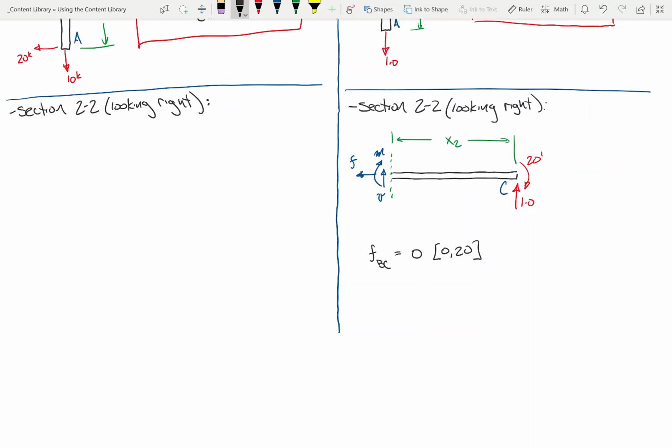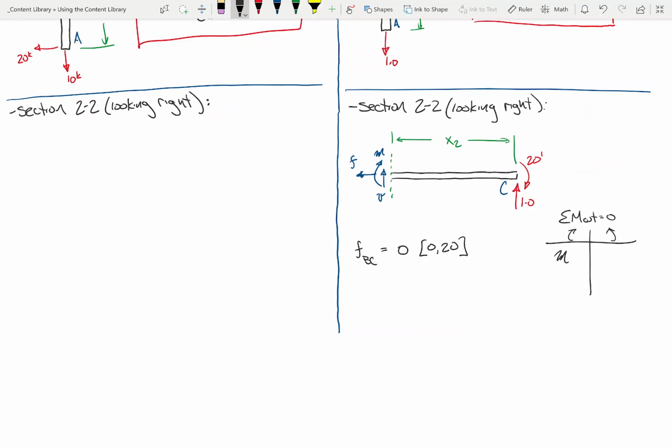From 0 to 20. Now how about M? Maybe what I'll do for M, maybe I'll be a little bit on the formal side. Move that over there. All right. So I'm going to have M going like this.